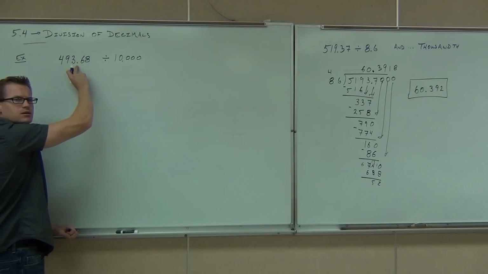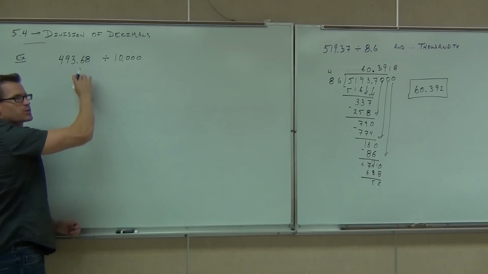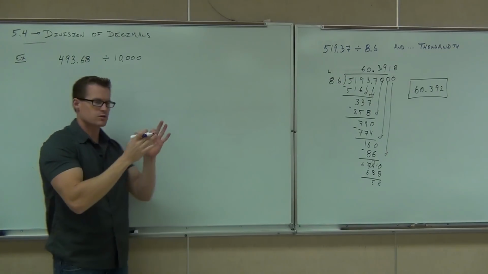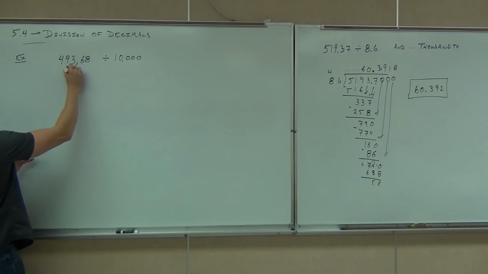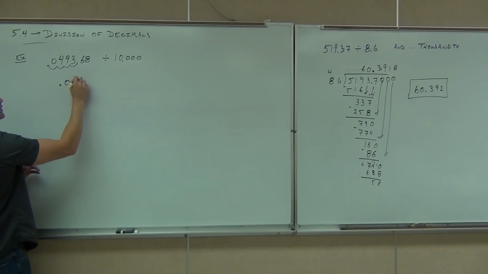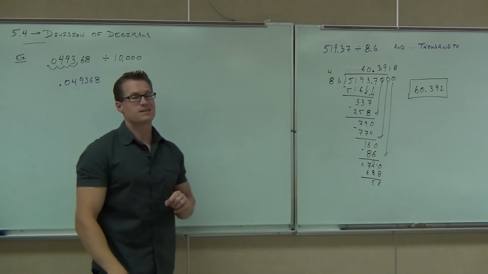If I move it right, that's making the number bigger. Go left. I'm dividing this number into 10,000 little parts. Is that going to make it smaller or bigger? Smaller. Dividing, to the left. 0.049368.